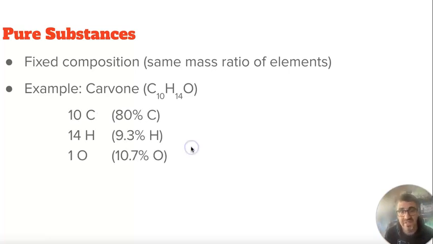It will never deviate from that. As a result, the percent composition will also always be the same. It will never deviate. Okay? So if those percentages change, okay, that tells you that whatever substance you have, it is not pure carvone.